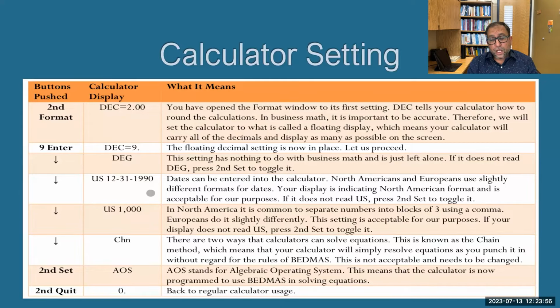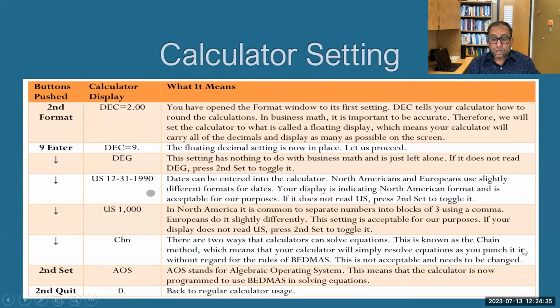Then there are 2 ways the calculator solves equations. One is known as the chain method, which means your calculator resolves the equation as you punch it in, without regard for the rules of BEDMAS. This is not acceptable and needs to be changed. The normal standard setting is the chain method, but we have to change it so that it follows BEDMAS.